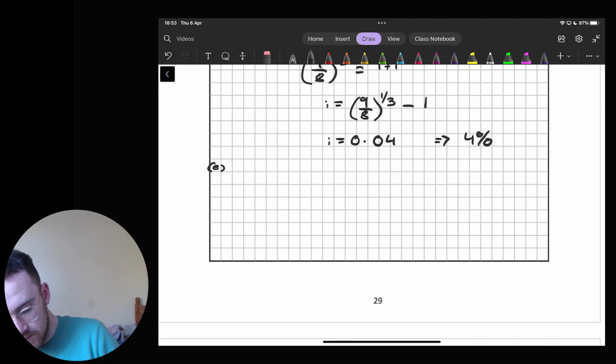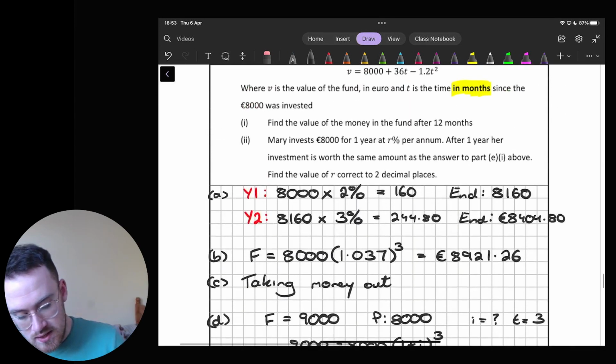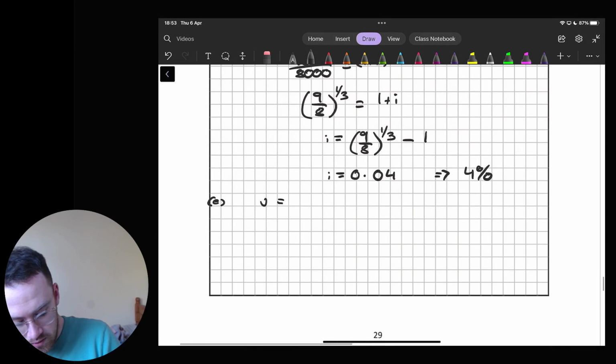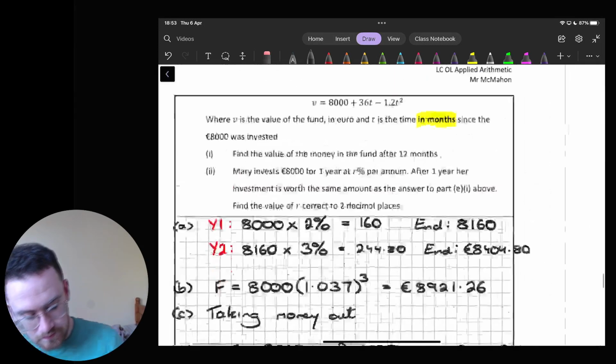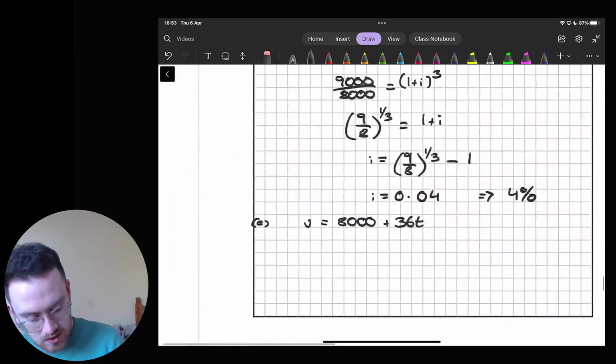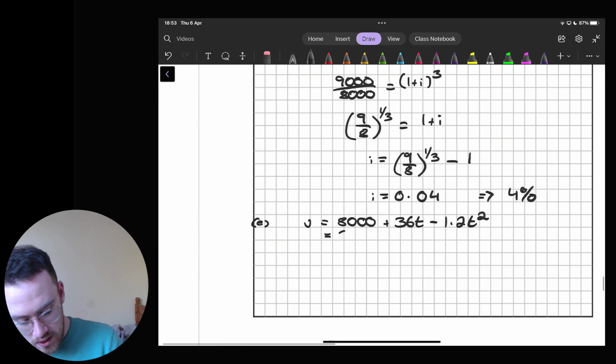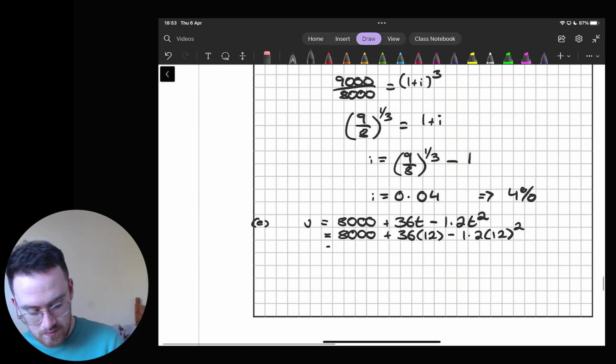So let's have a look. We're in part E. So V is 8,000 plus 36t minus 1.2t squared. So we have a nice kind of quadratic formula here that we're using. We're asked to find the value after 12 months, after 1 year. So we're subbing in 12 for t, because we were told that t here stands for the time in months.